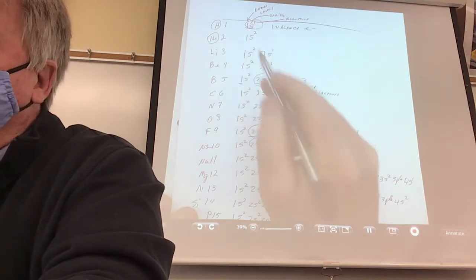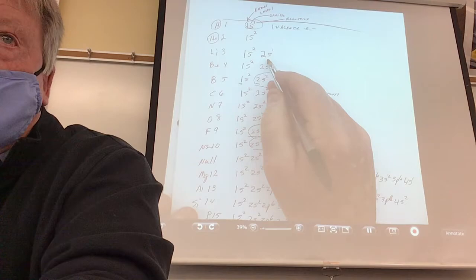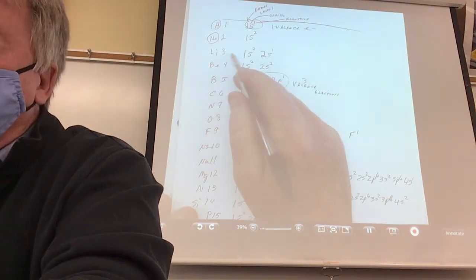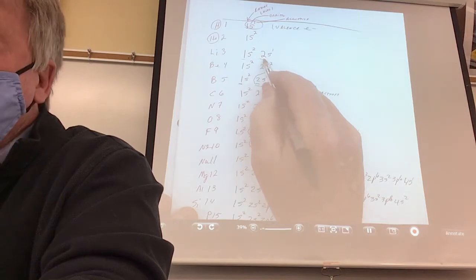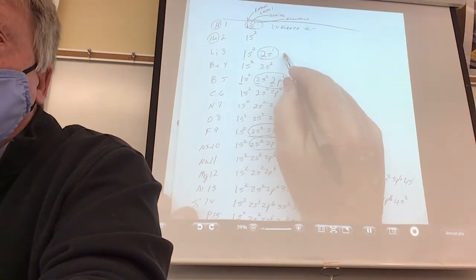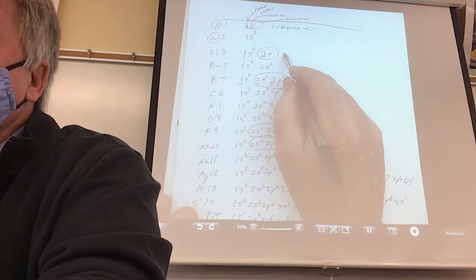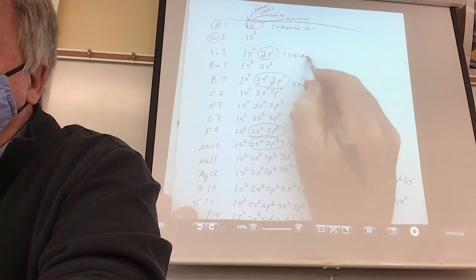Now I want you to jump all the way down to lithium. How many of the 3 electrons are in the outermost energy level? Not this level, this one. So how many valence electrons do you have? Everybody in the room, come on. 1. Uh-oh, look for a pattern. I'm looking for patterns.